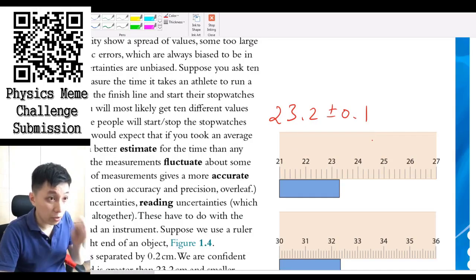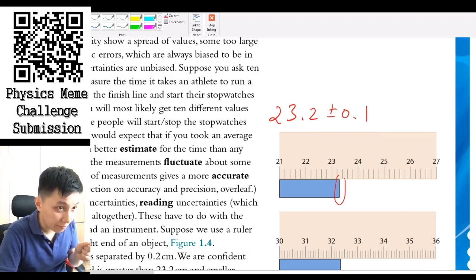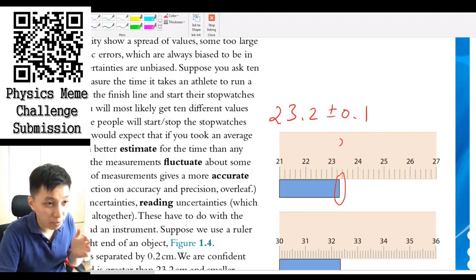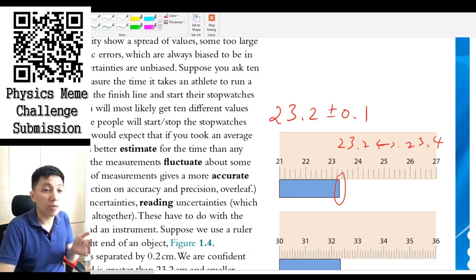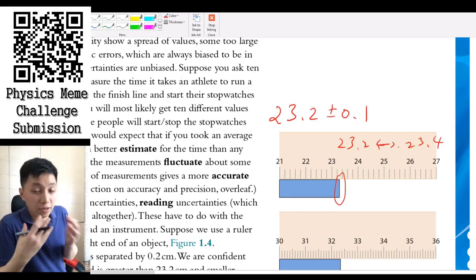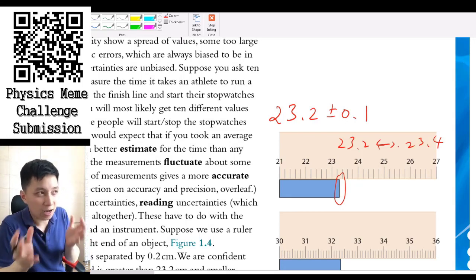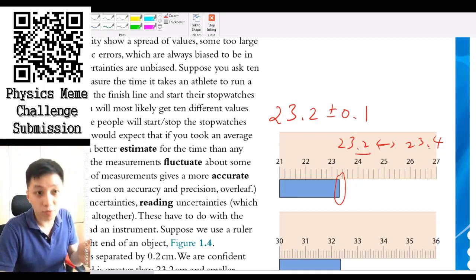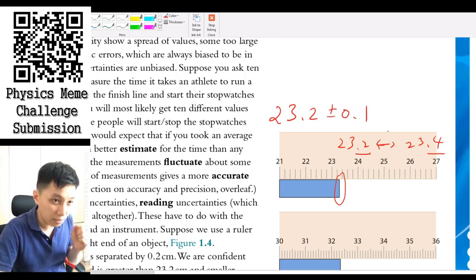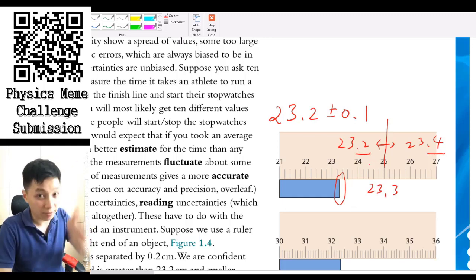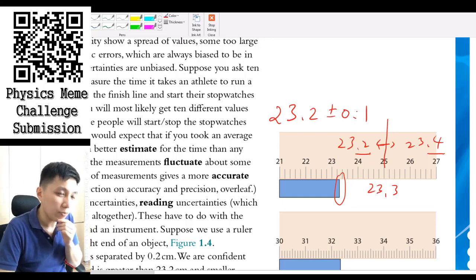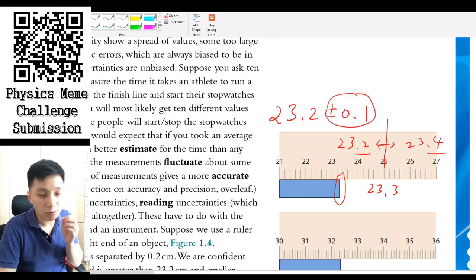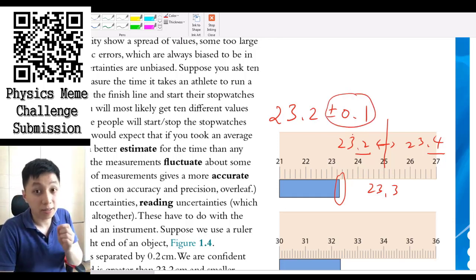This is because we know the range of the length is of course in between 23.2 to 23.4, but since we believe that all human beings like us are intelligent enough to judge whether it is closer to 0.2 or closer to 0.4, that means in the middle, that is 23.3, it must not exceed that line, of course. So that's why for the uncertainty, I will put plus or minus 0.1.